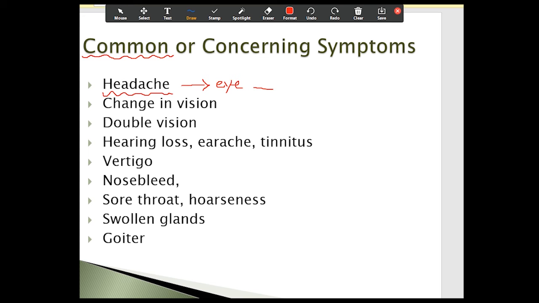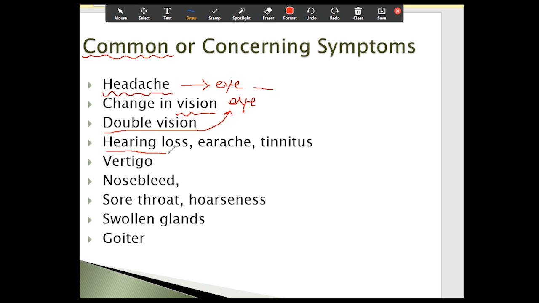Another symptom, vision changing. Vision changing is certainly mainly an eye problem, and then we have ways of checking the eyes. Double vision is still mainly an eye problem.